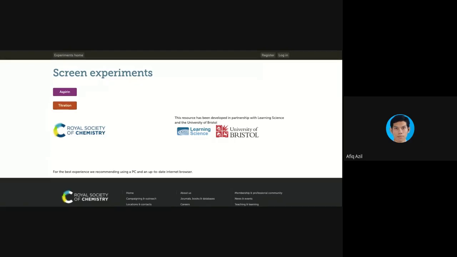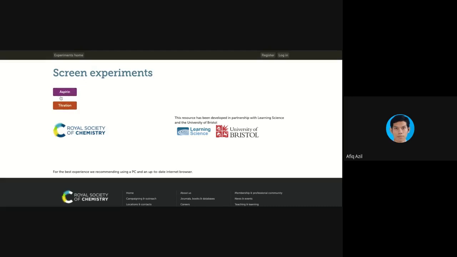This is developed by RSC, Royal Society of Chemistry in the UK, in collaboration with the University of Bristol. For you all to use this, even though you see over here there's register or login, no need to register or log in for that. You can straight away go to the aspirin.